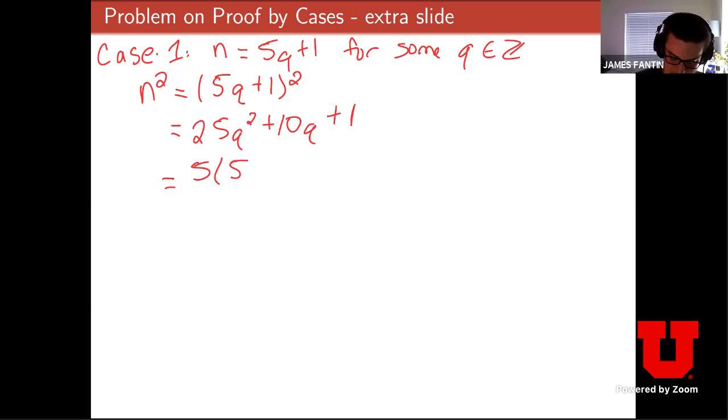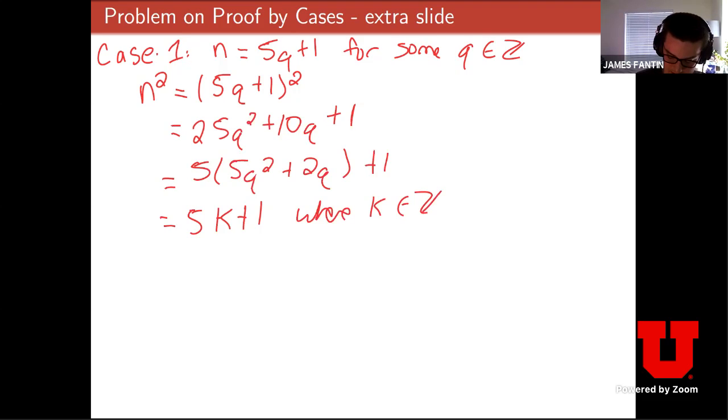That's 5 times 5q squared plus 2q, plus 1. And then this, we could call it 5k plus 1, where k is an integer, by closure of addition and multiplication.